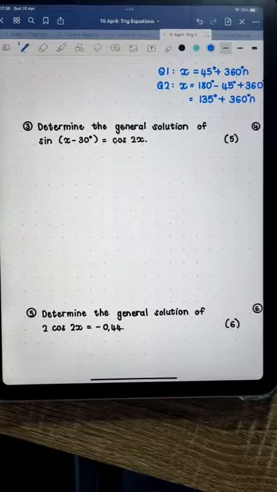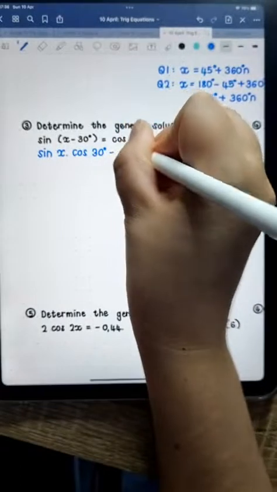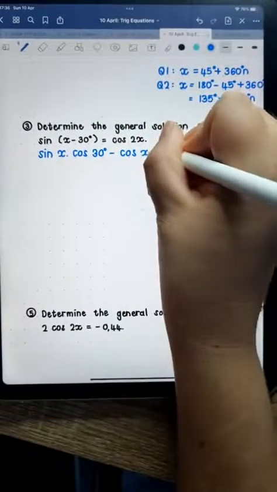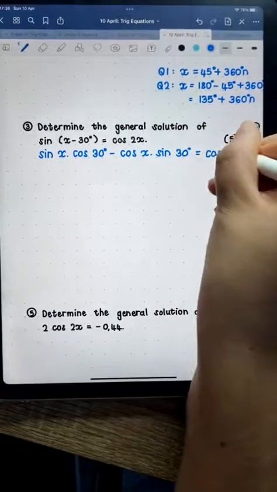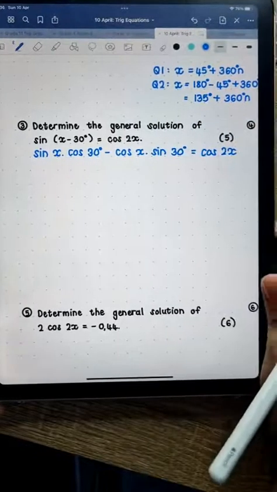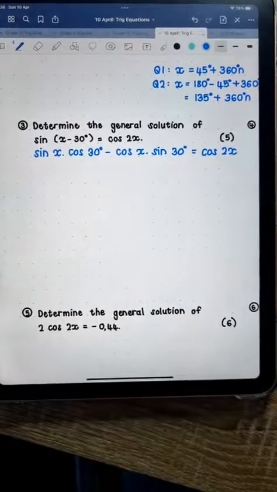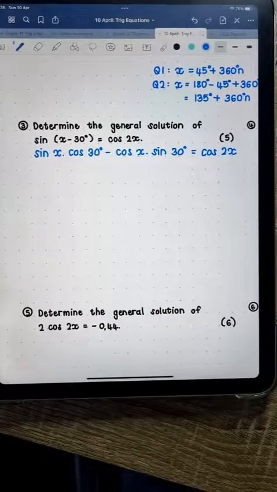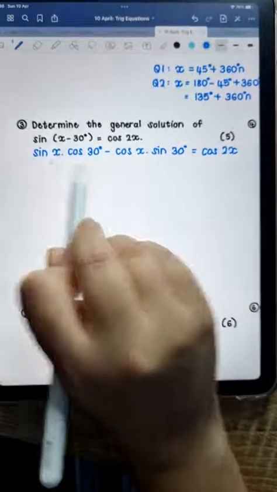If you used compound angles, you're going to say sine x cos 30 minus cos x sine 30 equal to cos 2x. Now that's not wrong, we did expand this correctly, but actually I've made it so much more complicated. So I wouldn't suggest that you use compound angles here.